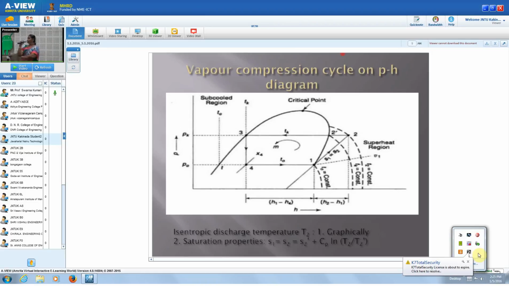After finding the superheating temperature, you have to find out the enthalpy at 2. Enthalpy at 2 can be known by adding H2 dash with the specific heat of the vapor refrigerant into T2 minus T2 dash.